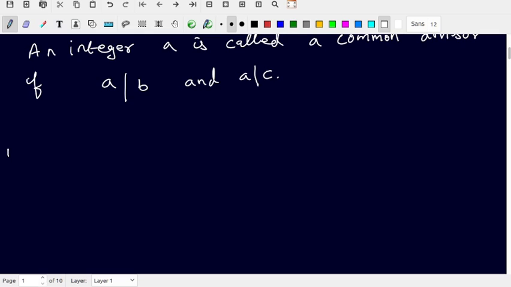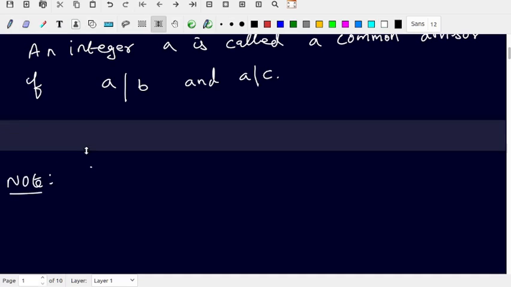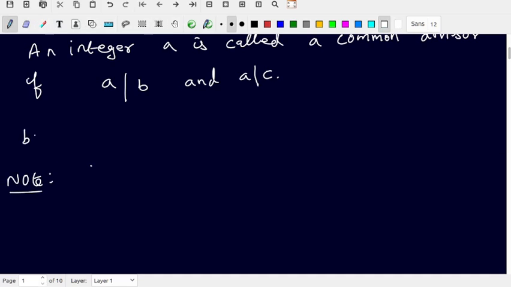Before writing the note, we will discuss: suppose B is 0 and C is 0, then what are the divisors of these numbers? Any integer is a common divisor.